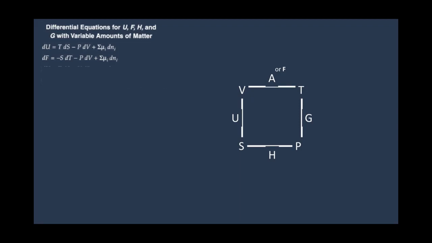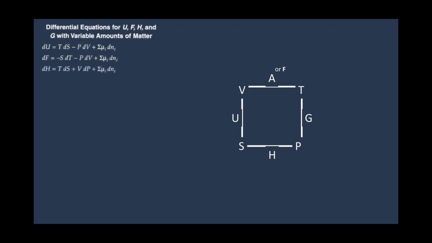Similarly, we can write the other two derivatives like this. That is, the derivative of H is equal to, starting from the opposite side and going like this. Since both of these are downside, it is positive, so V dP plus T dS. We get the second equation.